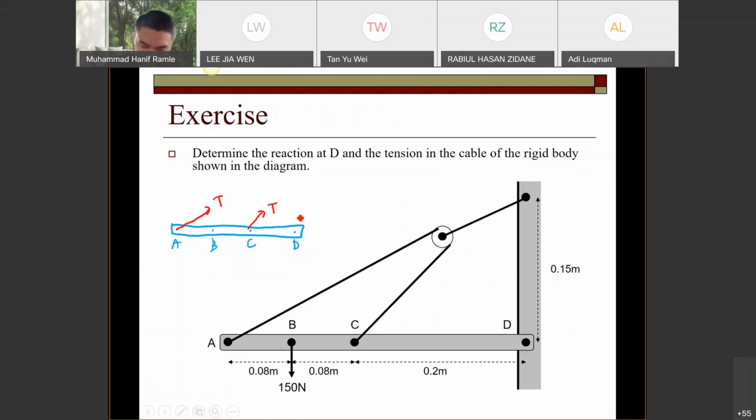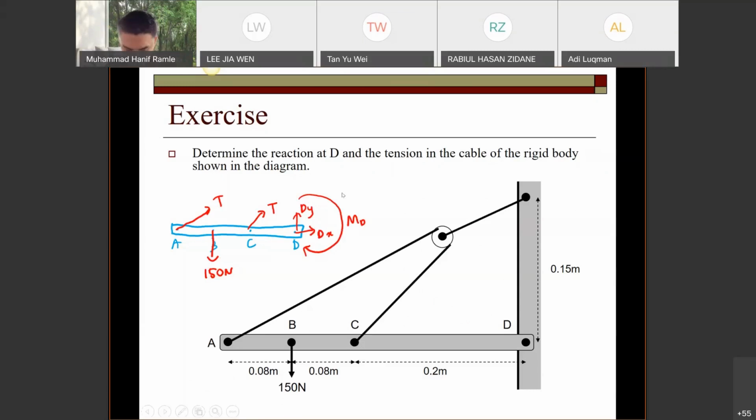At D, we have dy, dx, and moment at point D. And at B, we have an external force of 150 Newton.